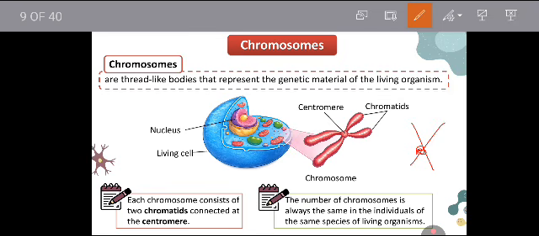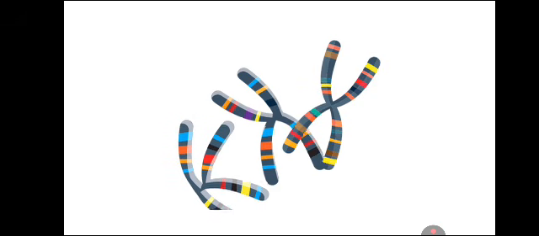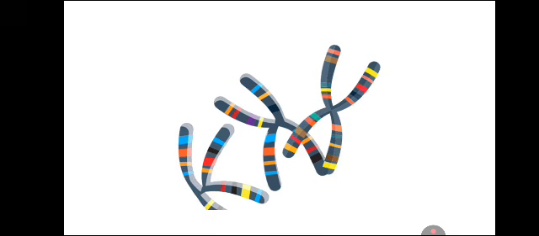So the chromosome is considered something like a rod which carries all the genetic material of the living organism. The general structure of chromosomes is two threads, each called a chromatid, connected at a point called the centromere, like this one.